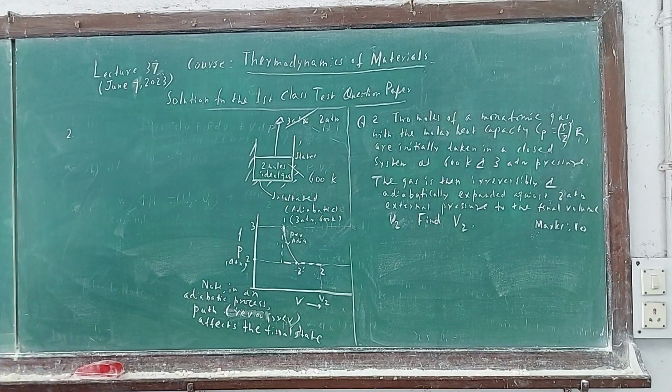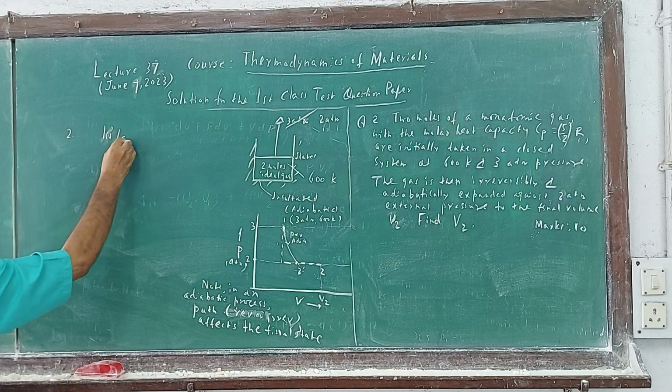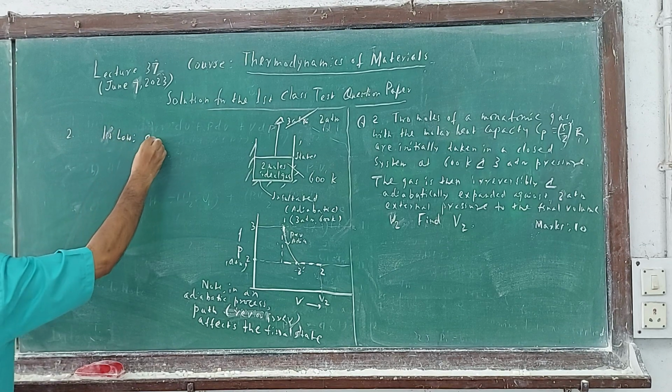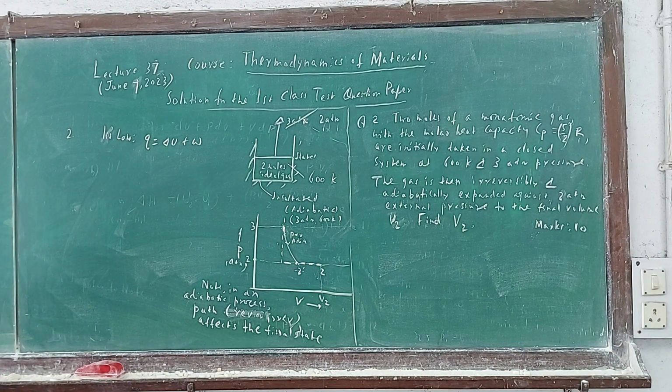So, to solve this problem and find V2, start with the first law. Q is delta U plus W in the finite change mode.